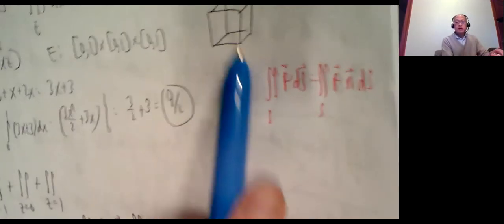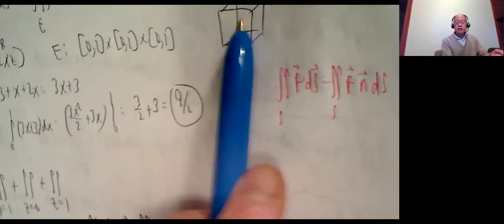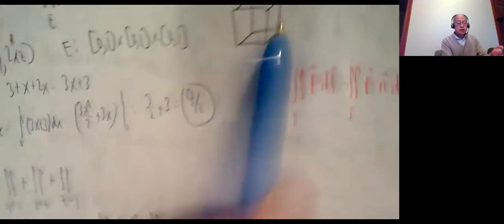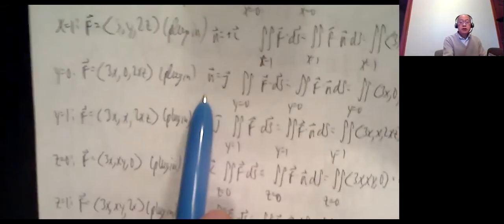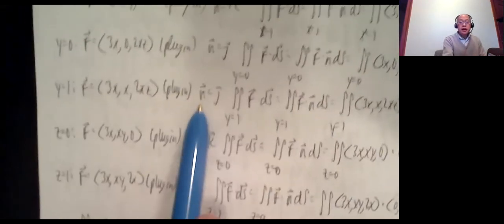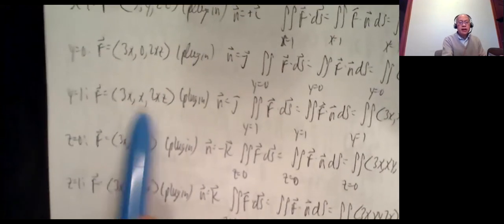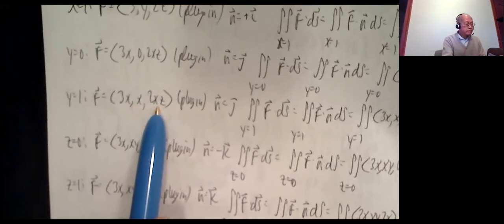Okay, then y equals 1, the right surface. What's the unit normal vector going out? n is j. Plug in y equals 1: 3x, x, 2xz.